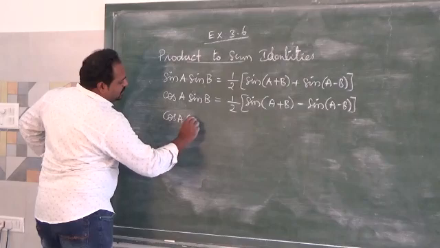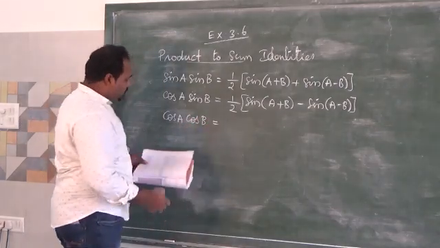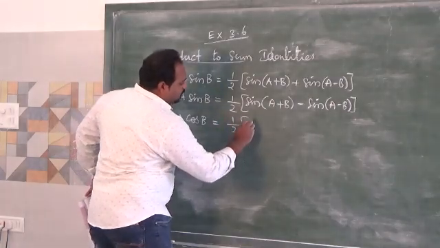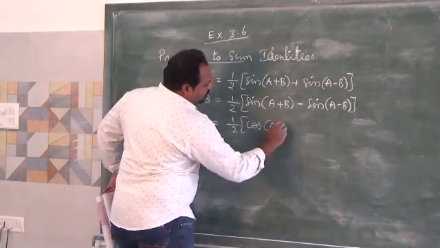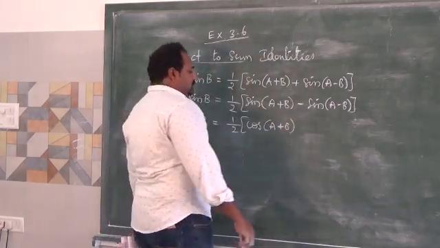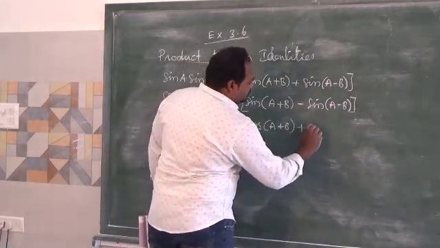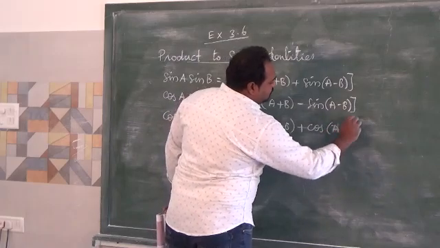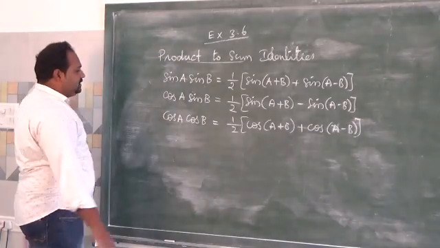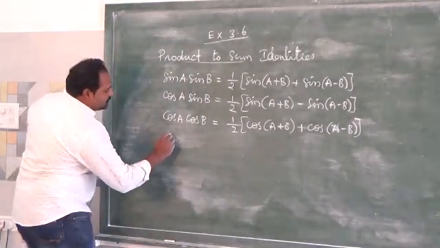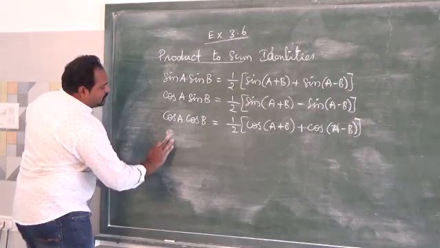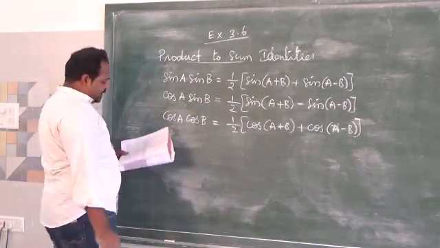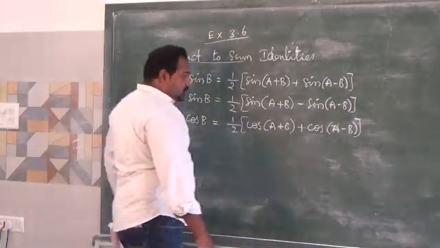Third one, cos A cos B. Both are cos functions. It will be 1 by 2 [cos(A plus B) plus cos(A minus B)]. Next, sorry, I have written this one wrongly.